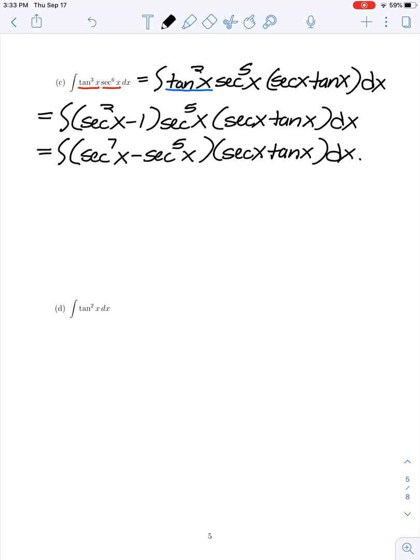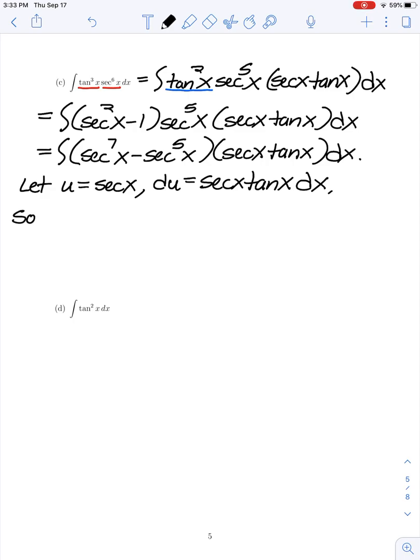Now from here, I'm going to make use of a substitution where u is chosen as secant x, so that du would be secant x times tangent x dx.